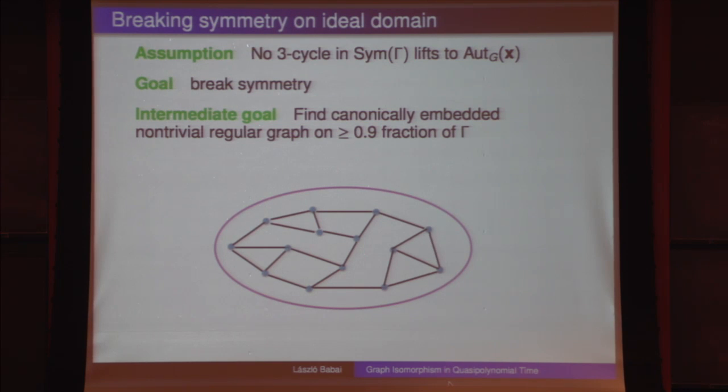So before trying to explicitly reduce the group, we want to find an invariant structure. There was no invariant structure to begin with. On the ideal domain, we had the action of the entire symmetric group. If instead I can point out a regular graph that is canonically embedded there, then I have already implicitly significantly reduced the group gamma. I reduced it to the automorphisms of this graph. It's easy to show that this means an exponential reduction in the order of the group acting on gamma.